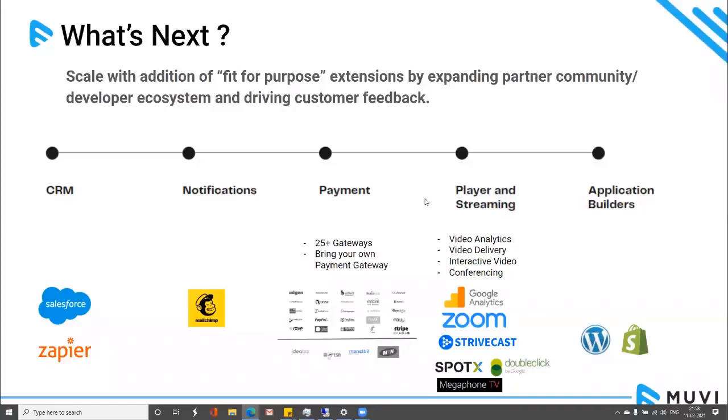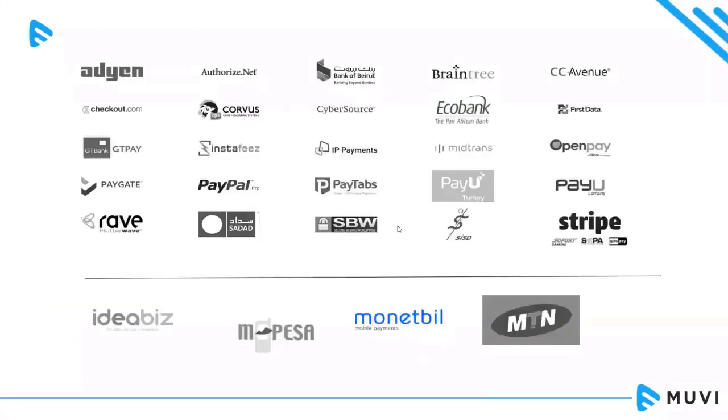And it's very powerful. We already have 25 plus payment gateways, which you could use. And we also are adding a feature where you can actually bring your own gateway, and very quickly just add it on the platform. Let me show you what these gateways are.